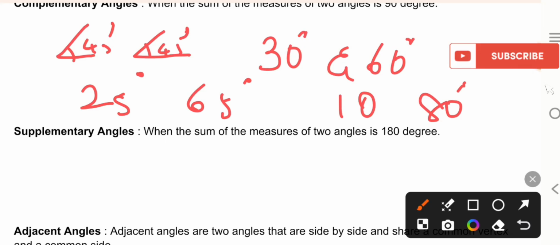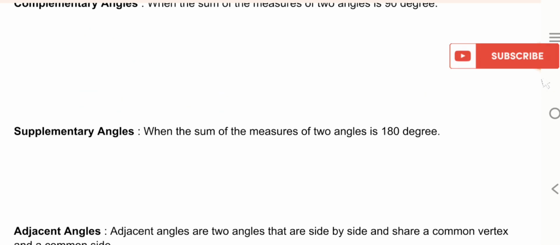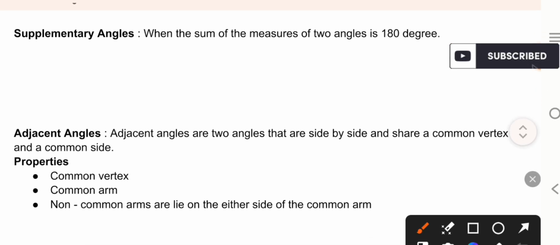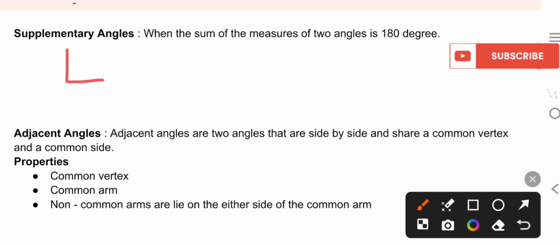Next one is supplementary angles. When the sum of the measures of two angles is 180 degree. Two right angles are also supplementary angles, because 90 plus 90 is 180.